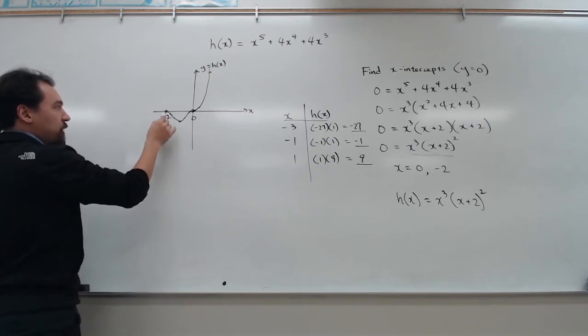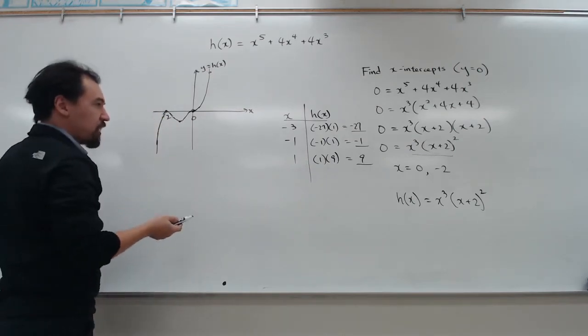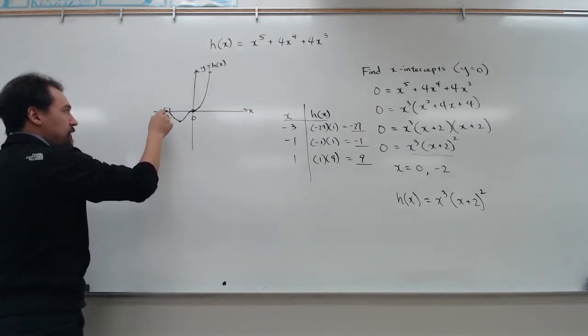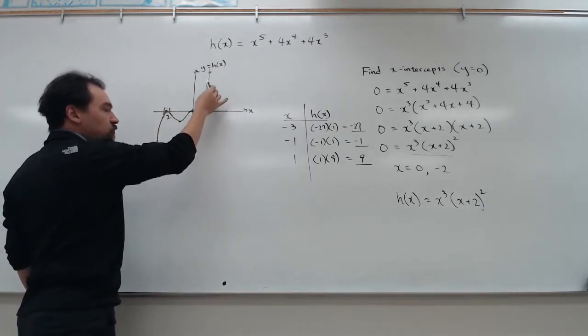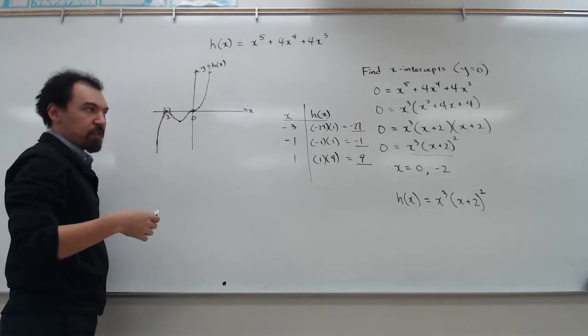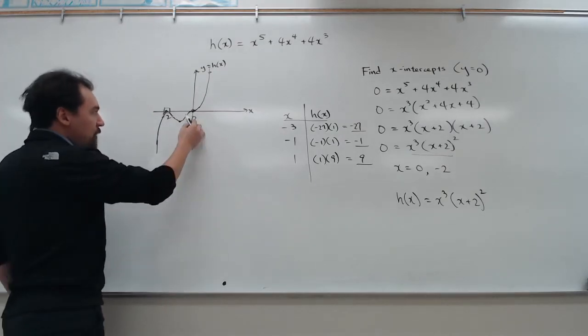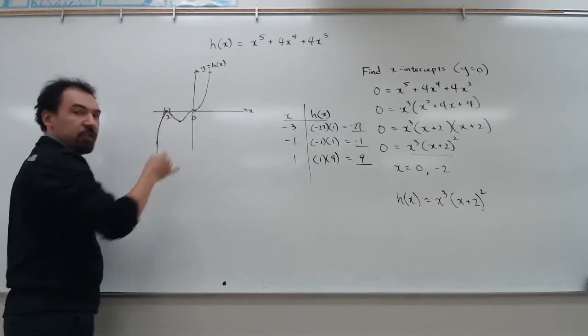So here we observe this is that touch and turn we were talking about last time. But here we have something brand new. Instead of going right through like we did in the first example and part of the second example, this time we flatten out but then go through.